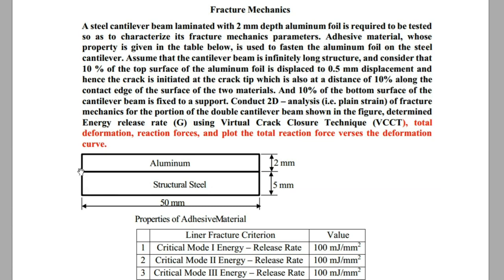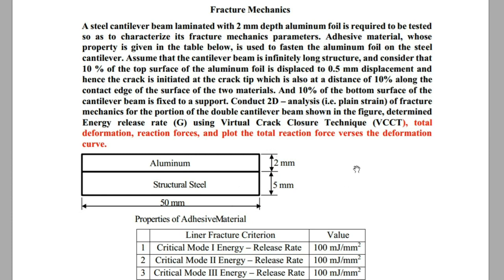The crack tip is 5 millimeter from the left end of the beam, and 10% of the bottom surface of the structure is fixed to a support. In this analysis we conduct a two-dimensional, plane strain fracture mechanics analysis for the portion of the double cantilever beam shown in the diagram.